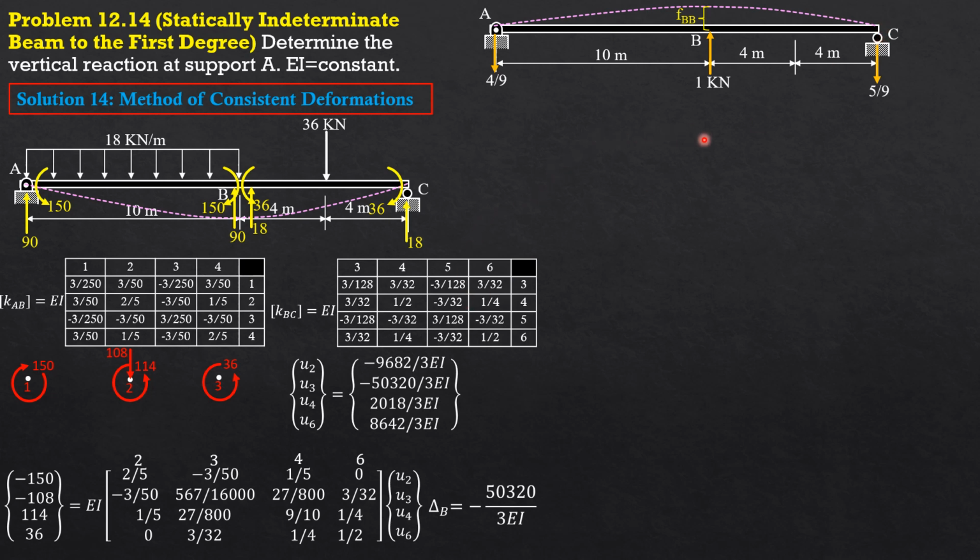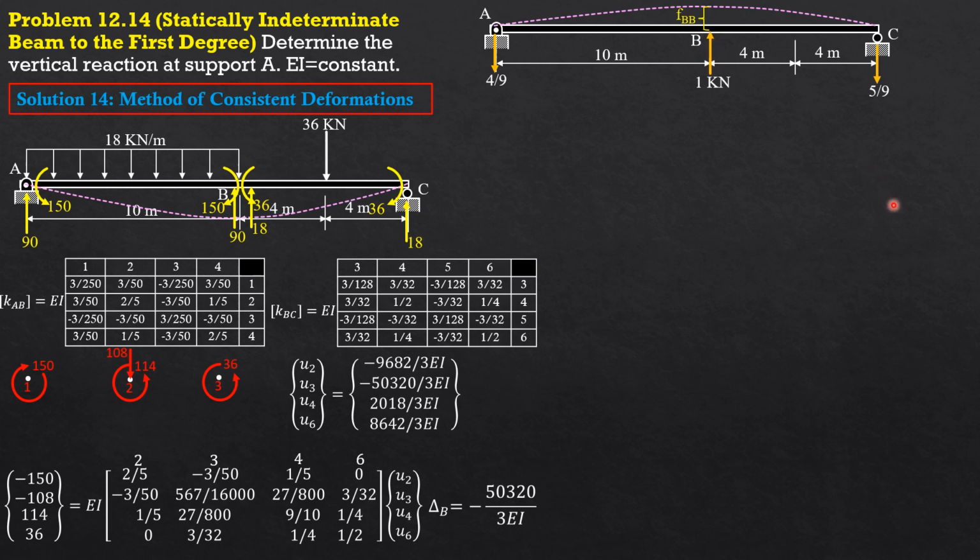Then the same value of the structural stiffness matrix, except that the corresponding displacements are denoted by FU2, FBB. We are interested in FBB, the vertical deflection here. FB theta is the slope at B due to this unit upward load.